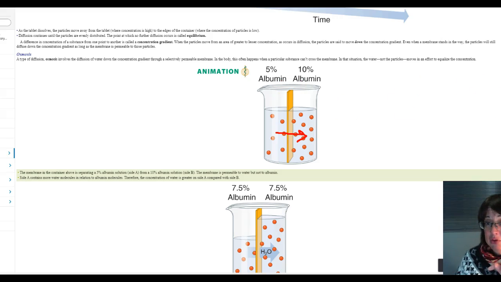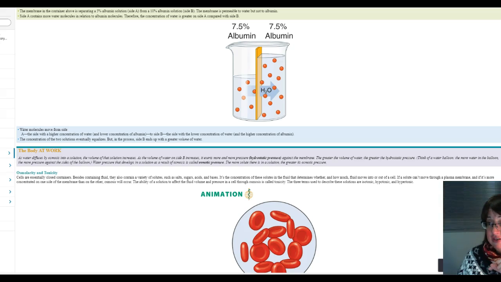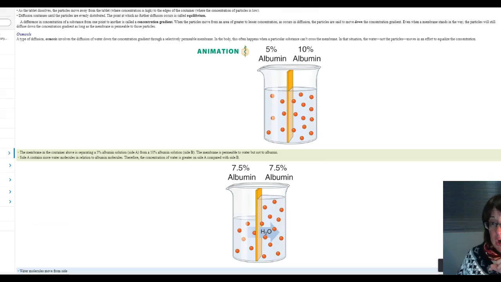And so this will move until you have it equal, and when it is equal, you have equilibrium. Just a second here. There we go. So it will continue, if it can, until you've reached equilibrium.